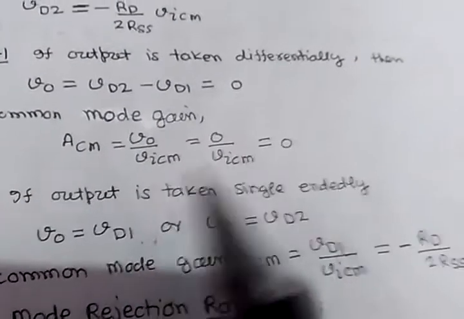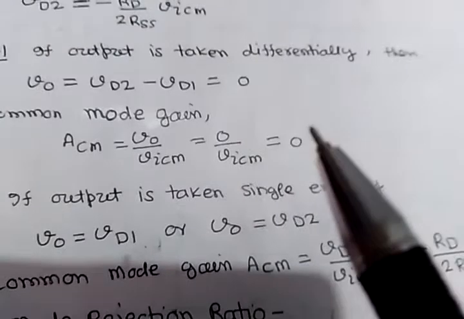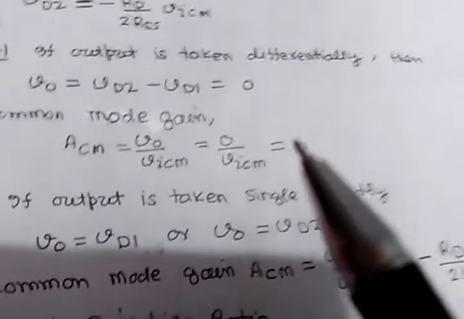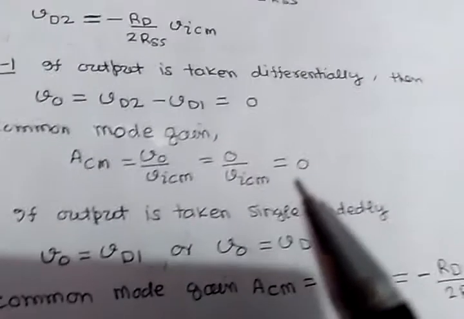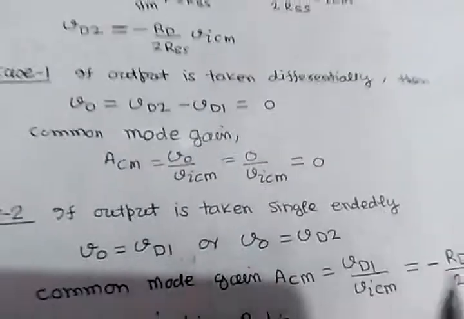So common mode gain in case of common mode signal and output taken differentially will be 0. So differential amplifier rejects the common mode signal.